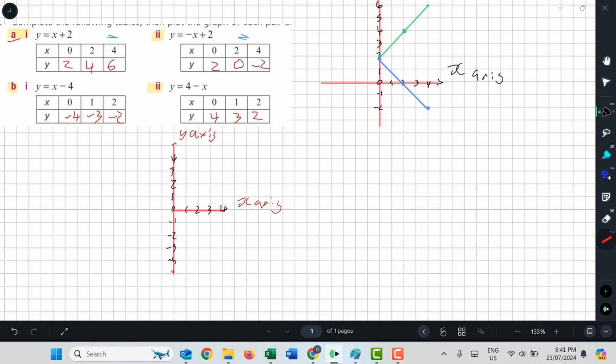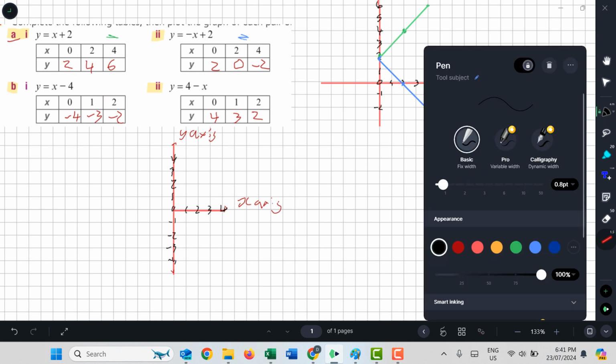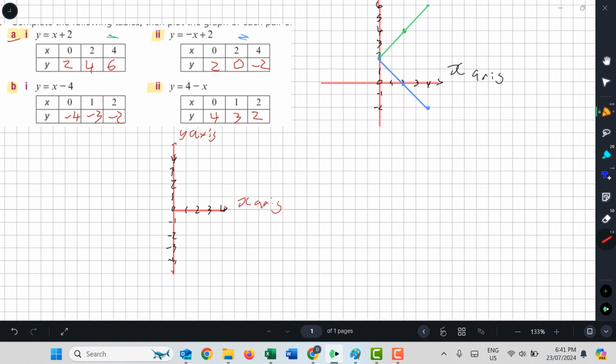Okay, and again, I'm just going to go different colors to show them nice and simple. So we're going to go yellow for this first one. 0, -4, so 0, -4, going to be there. 1, -3. Next one will be 2, -2.